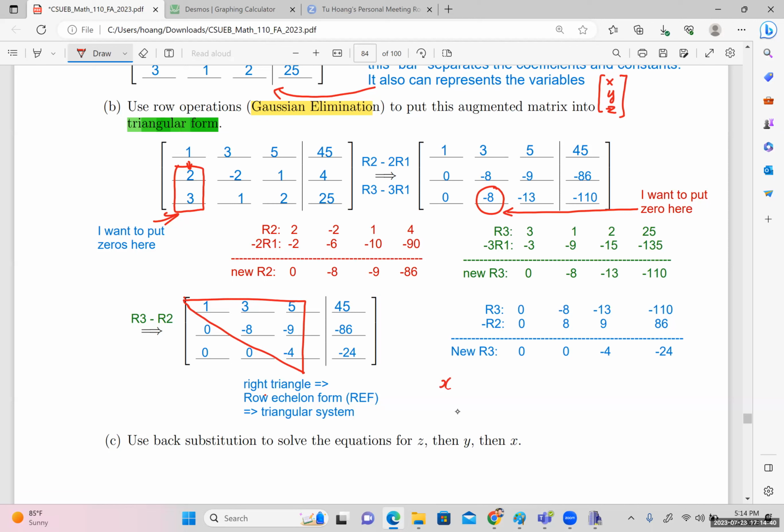You have x plus 3y plus 5z equal to 45. And next, I have negative 8y minus 9z equal to negative 86. And the last one is going to be negative 4z equal to negative 24. So this will be the triangular system that you need.